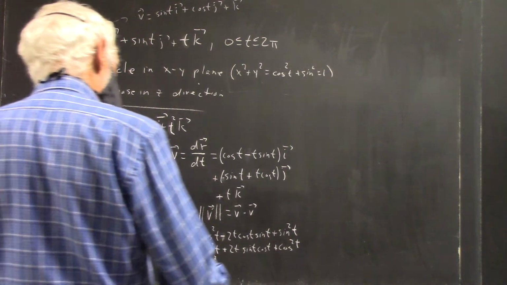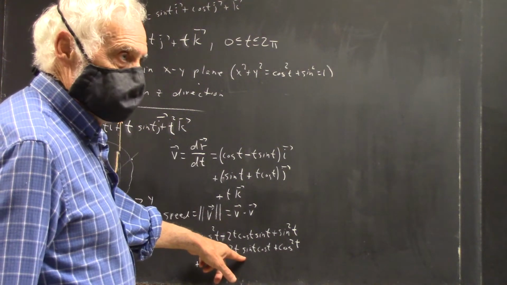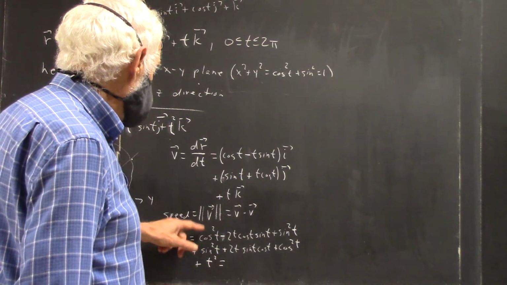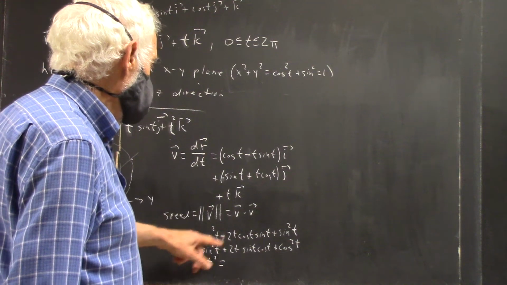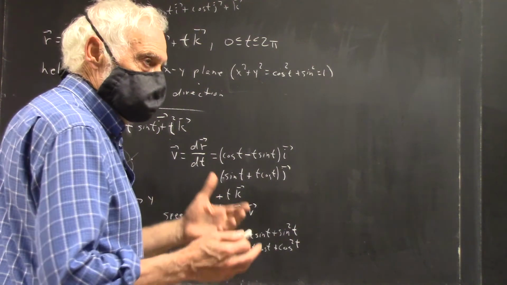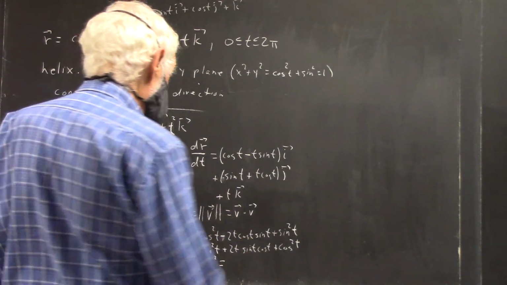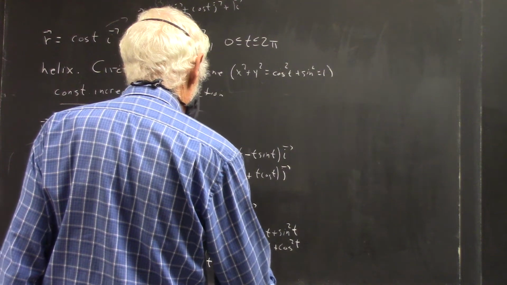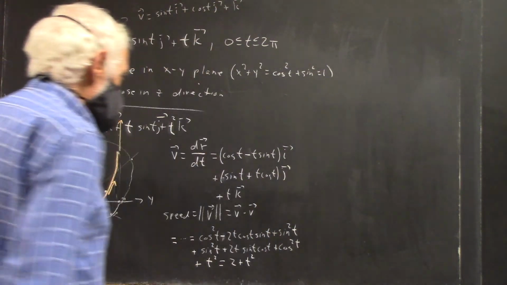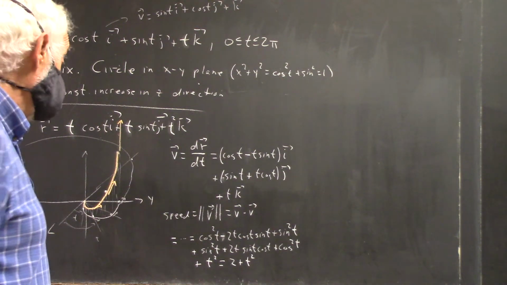Now, that simplifies. These add up to 0, and you got 2 cosine squared t and 2 sine squared t. That just gives you 2. There's 2 times the quantity cosine squared t plus sine squared t. You get 2 plus t squared. Comes out very simple because of the Pythagorean identities.